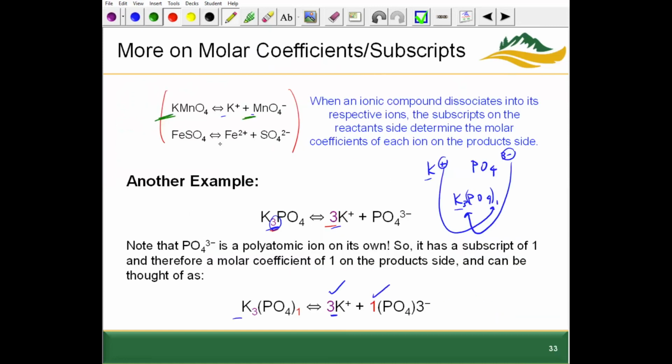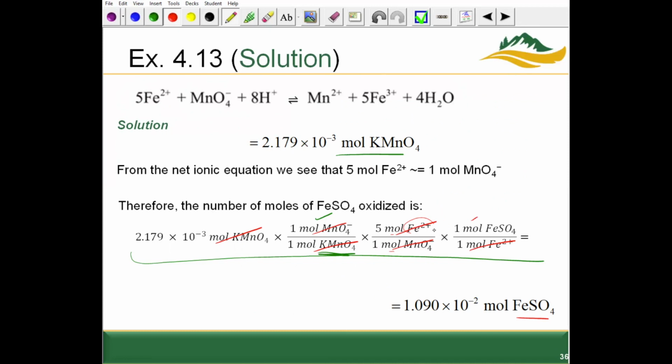For every 1 mole of Fe2+, there is 1 mole of iron(II) sulfate. So moles of Fe2+ cancels out, leaving just moles of iron(II) sulfate now. Doing all of this division and multiplication, it's actually just multiplication because we'd be dividing just by 1. That comes out to this many moles of iron(II) sulfate.